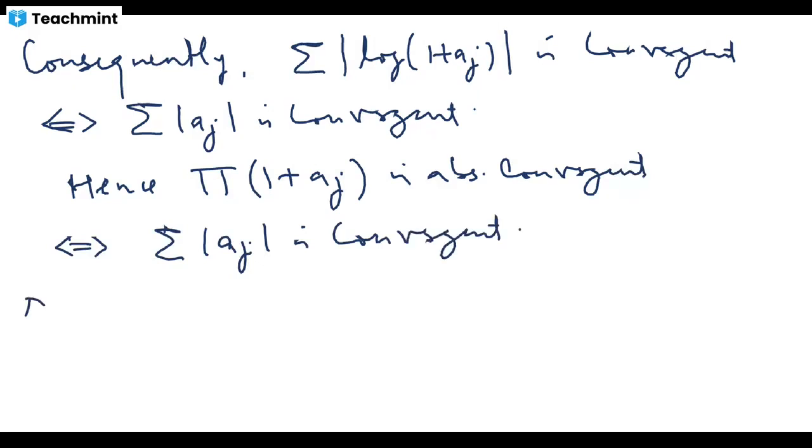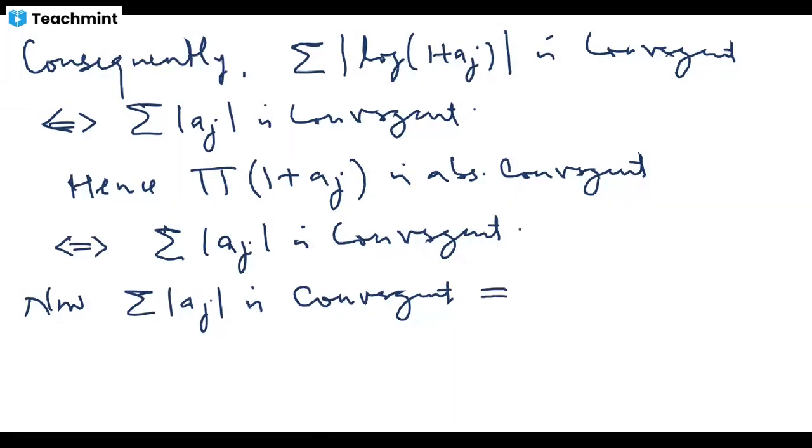Now you see summation aj is convergent, and you see that mod of aj's are positive numbers, and as seen in the previous result, because these are tj's, you can replace tj's with aj's there in the previous result.